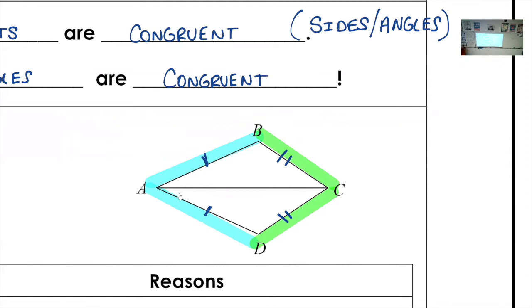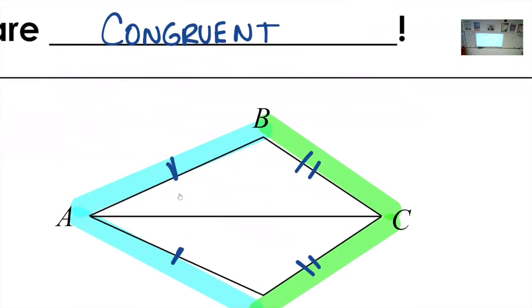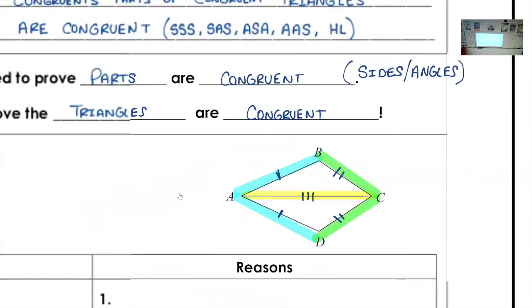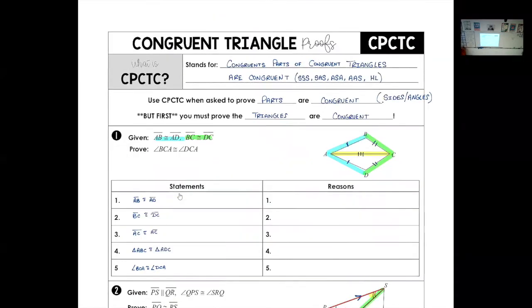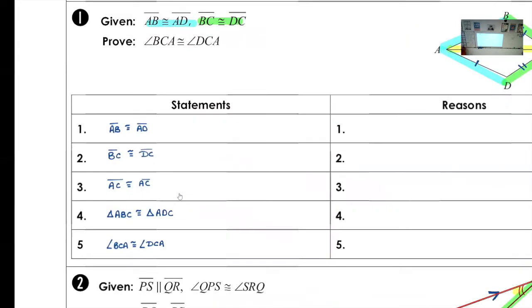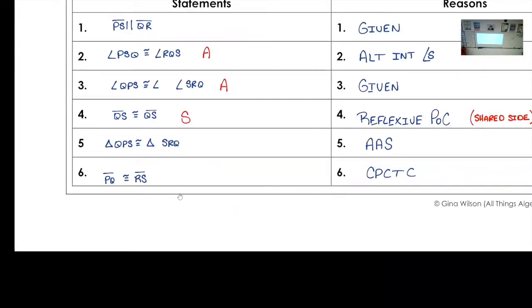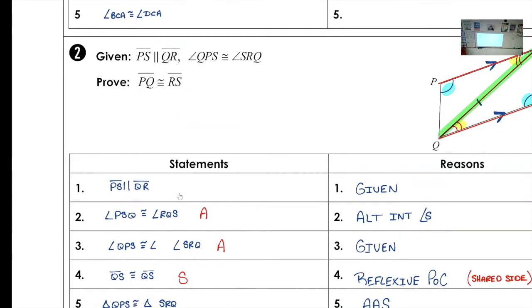Can we go ahead and mark it now? Absolutely. You know that that reflexive relationship will always be congruent. You can mark it if you want to, but you don't have to. If you want to mark reflexive or vertical angles from the jump, go for it. Nobody's going to stop you, except for GoGuardian, which will indeed stop you.